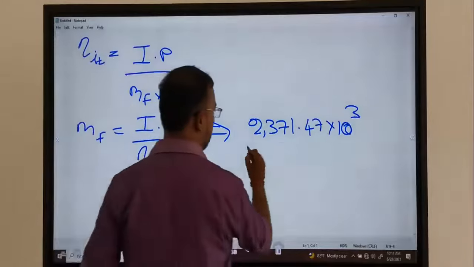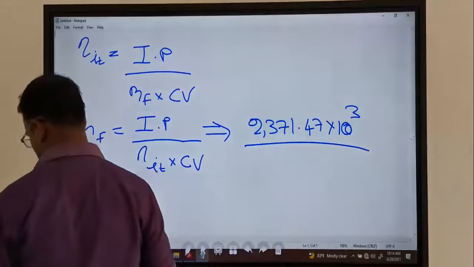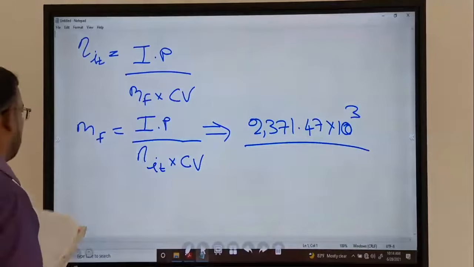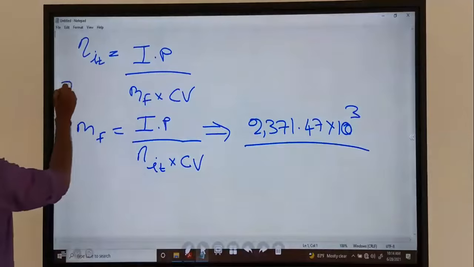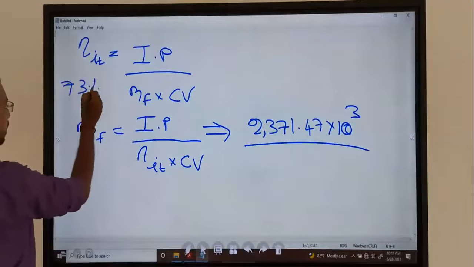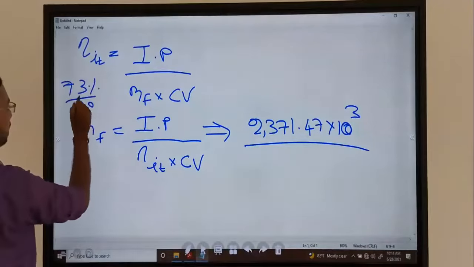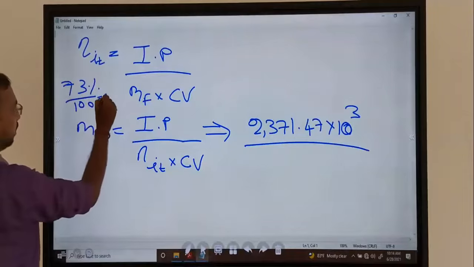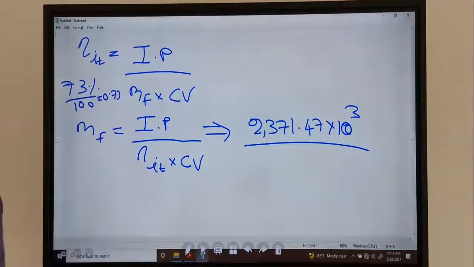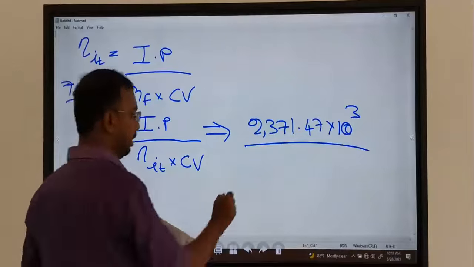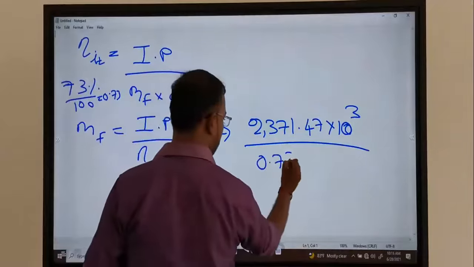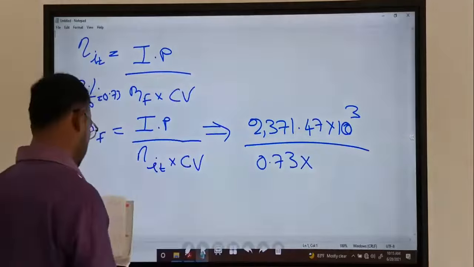And here I already told, the indicated thermal efficiency is 73%, so we have to divide by 100. So it comes to 0.73. So substitute 0.73 here.